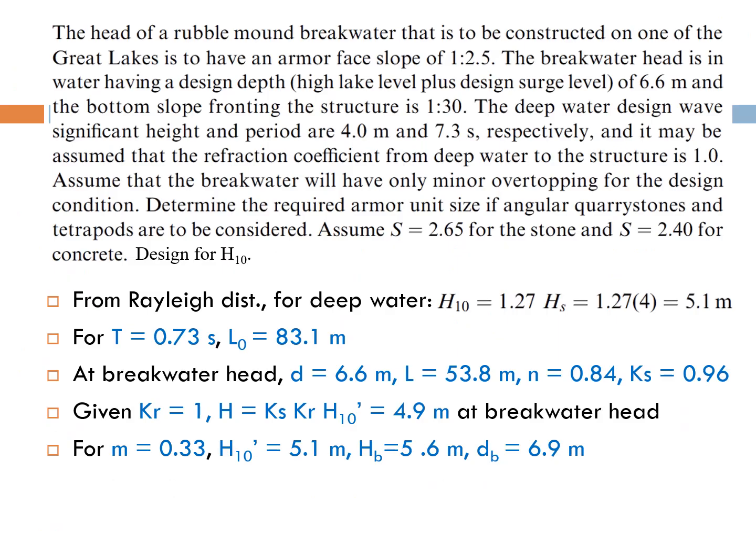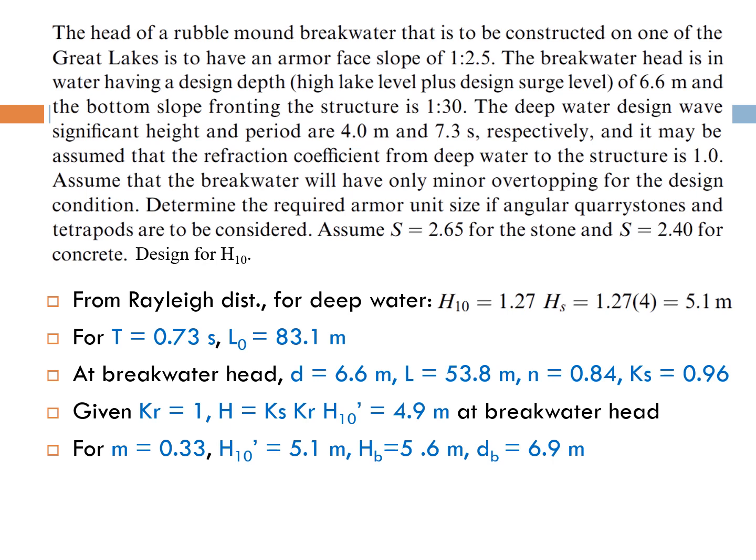Let us now look at an example. The head of a rubble mound breakwater that is to be constructed on one of the Great Lakes is to have an armor face slope of 1 to 2.5. The breakwater head is in water having a design depth of 6.6 meter and the bottom slope fronting the structure is 1 to 30.